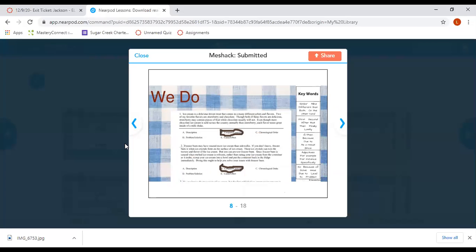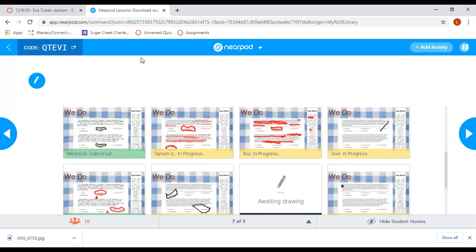Meshach, I don't see any words circled, no keywords. How did you even come up with that if you don't have any keywords underlined? Go back and fix that.